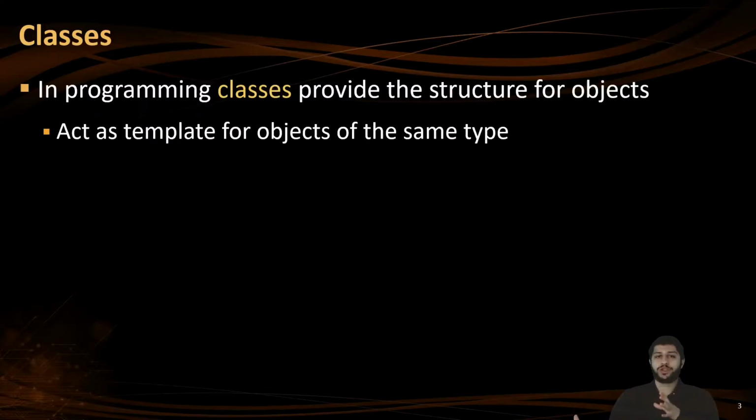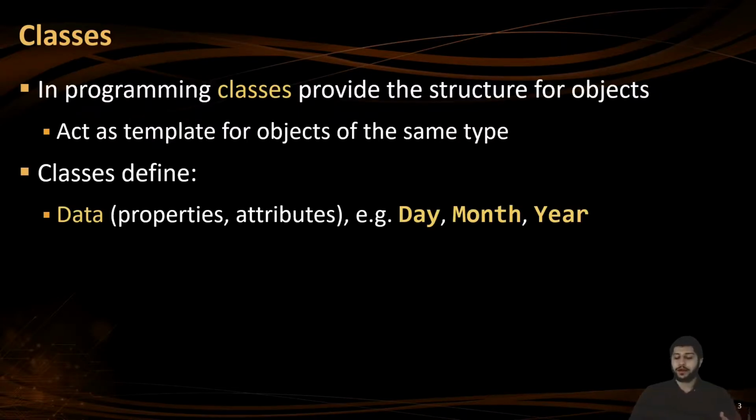Each car object is just a set of named variables, but the way these car objects are created is through this template, which we call car class. And classes usually define data or properties and attributes.